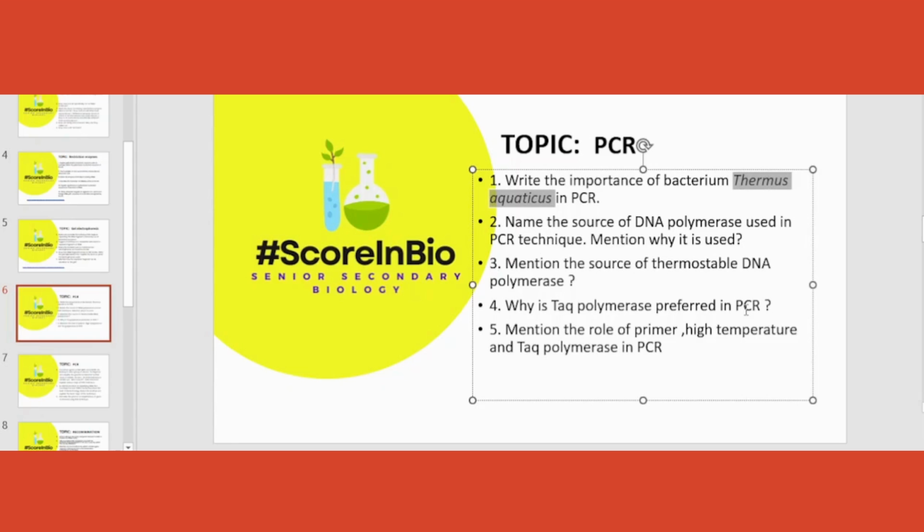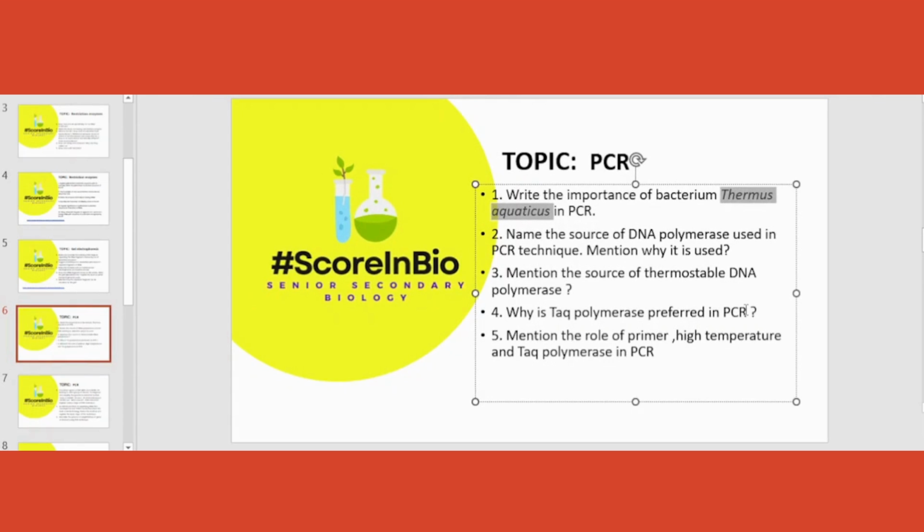Due to its thermostability. As you remember, PCR has 3 steps. First step is to do with heat, denaturation, then binding of primer, helping in annealing, then extension. Right? So for that high temperature, only this Taq polymerase can withstand. Mention the role of primer, high temperature and Taq polymerase.